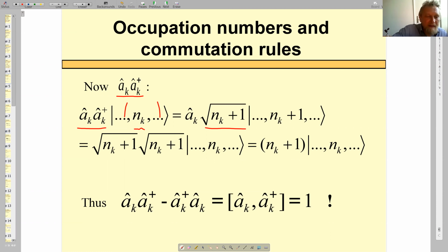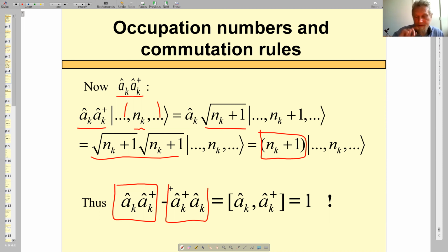And then the factor comes twice, since we have increased the number of particles. So in total we have n plus 1. What does it mean? It means that the difference between these two products, or let me put it differently, the commutator of these two operators is 1. Great. It's a simple commutation rule we have established.